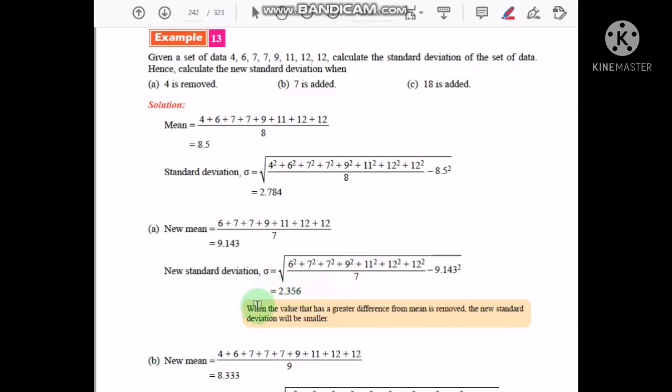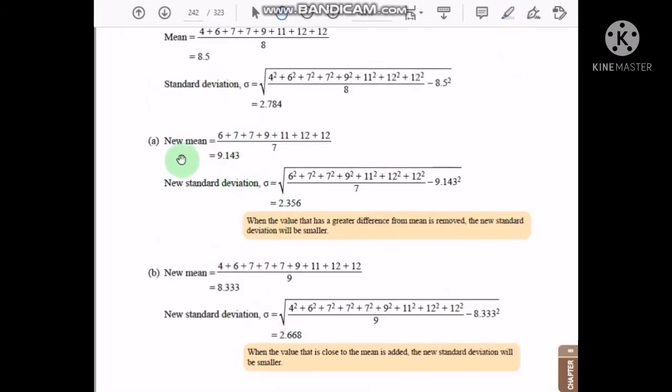So when the value that has a greater difference from the mean is removed, the new standard deviation will be smaller. Okay, class, for A, the new mean is 9.143 and the new standard deviation is 2.356.